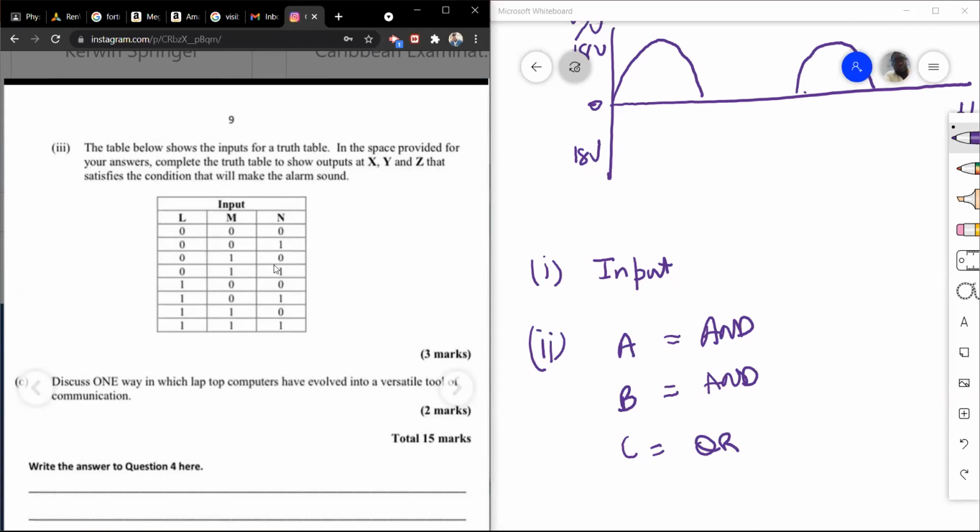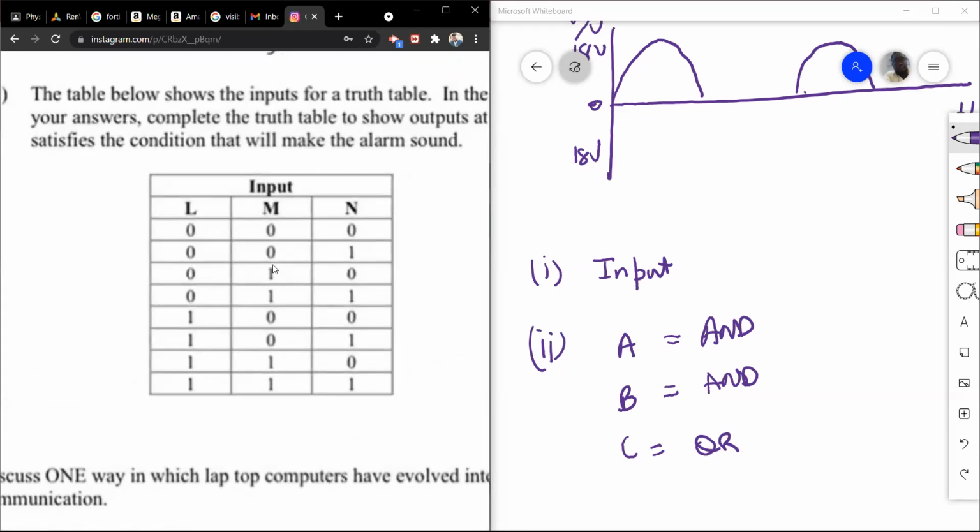Sir, wouldn't it be better if they gave us this part before the whole gate? Well, I mean, it wouldn't matter though, because these are just all inputs. Remember now, I was hoping to look for output to see what the gate would have been. So no, it don't matter.